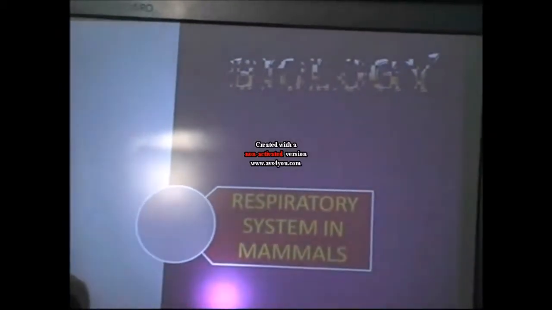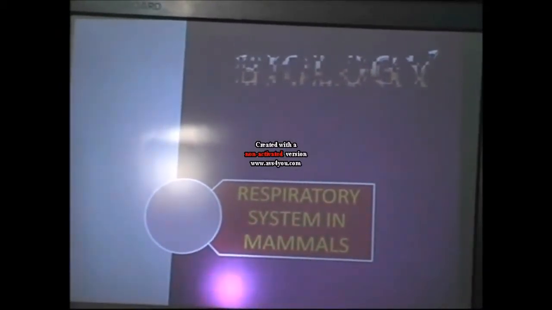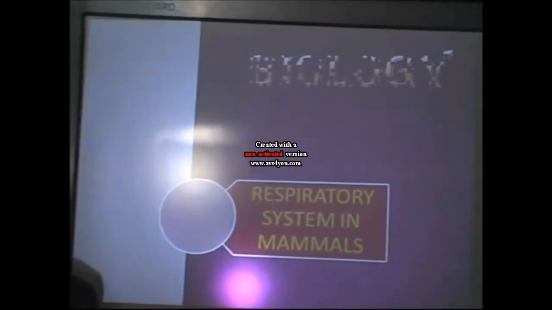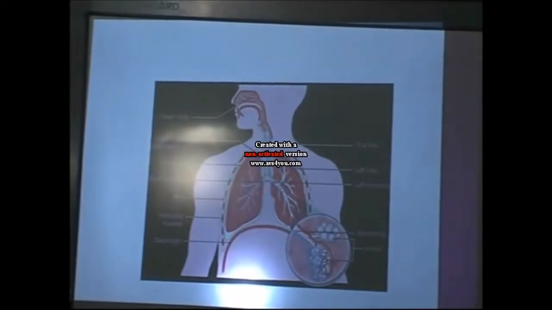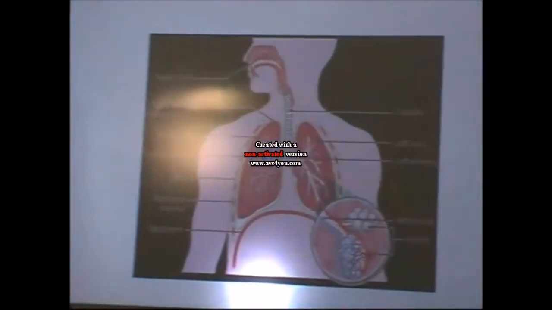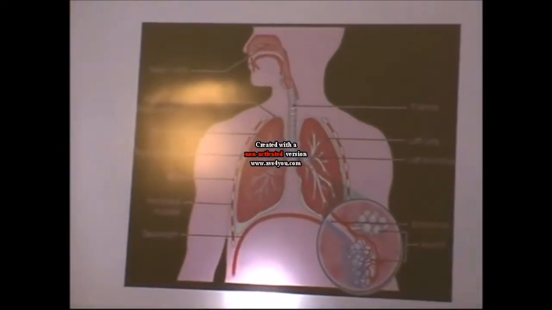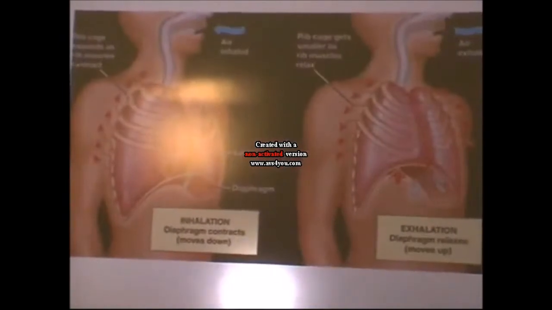For this topic, we're going to be making use of the following instructional materials. A chart showing the human respiratory system, all the parts that make up the respiratory system in mammals.